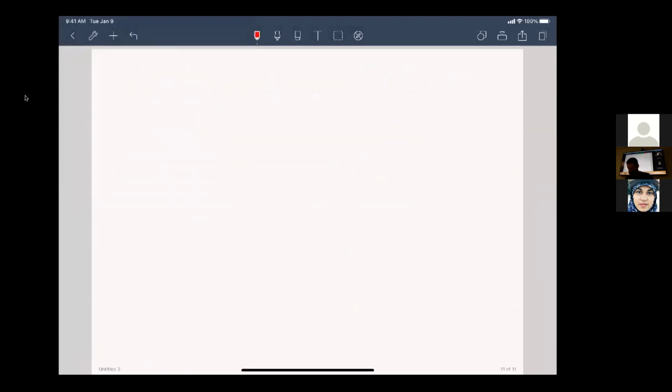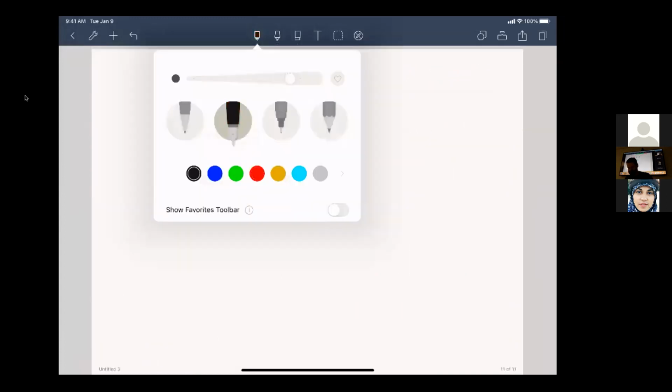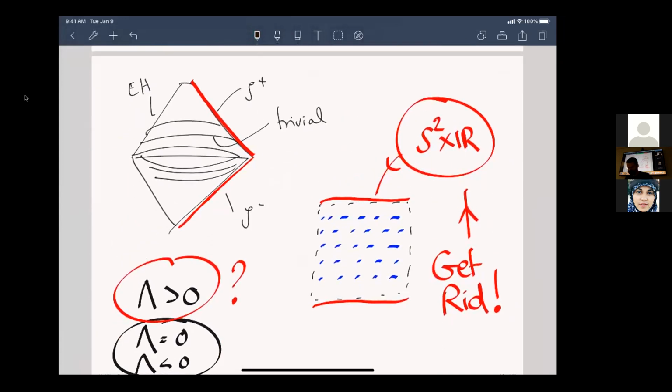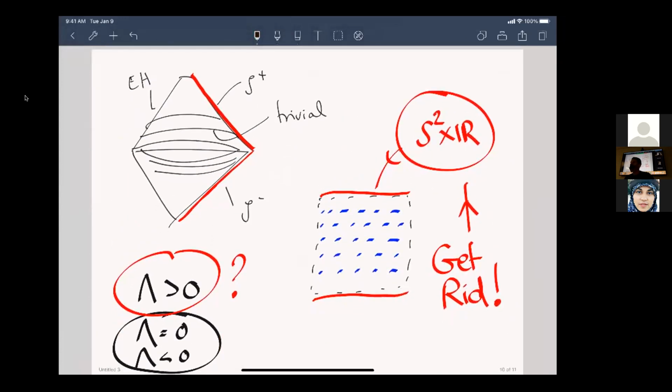So there's nothing about the structure of the past that would determine that the future was S2 cross R? Well, in this setup for these theorems, these are the same: scri minus and scri plus are the same objects from the point of view of their topology.